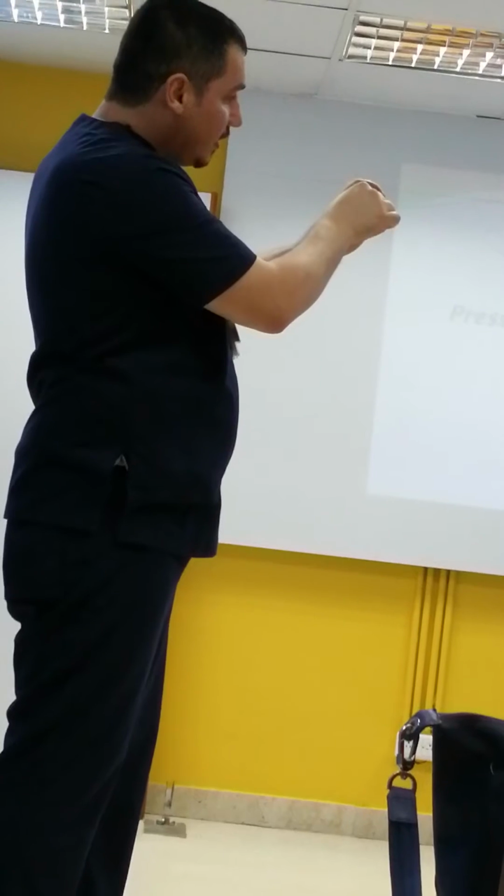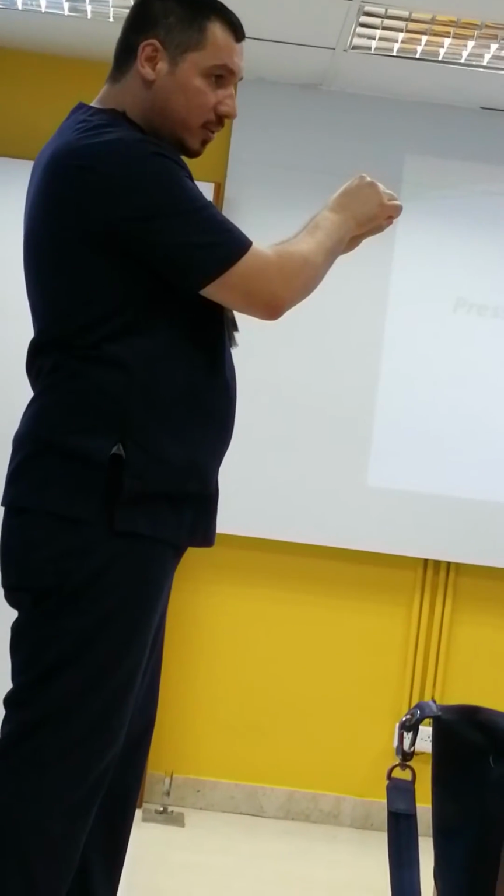This area only, from here to here. Maybe this area is from 12 to 6. From here, not like this. 12 to 6, meaning this area. Clear? Undermining.